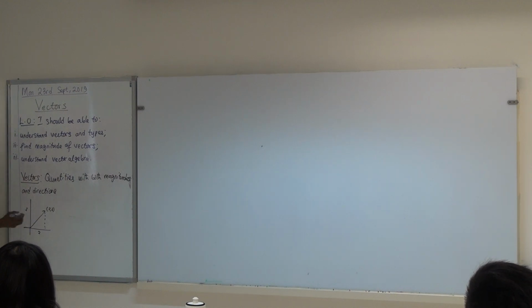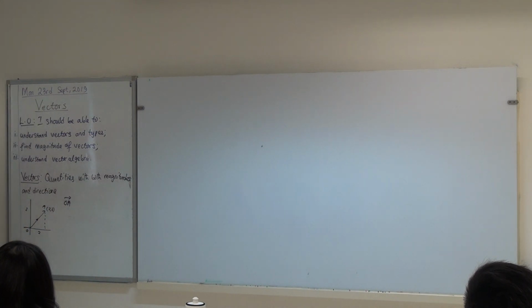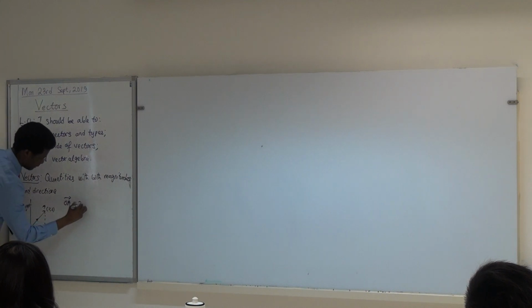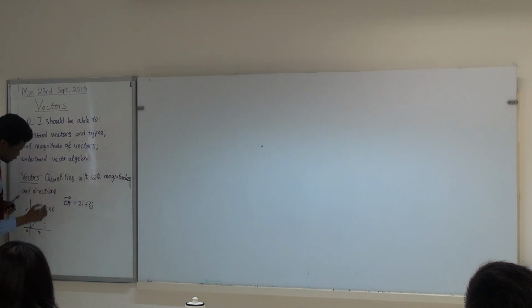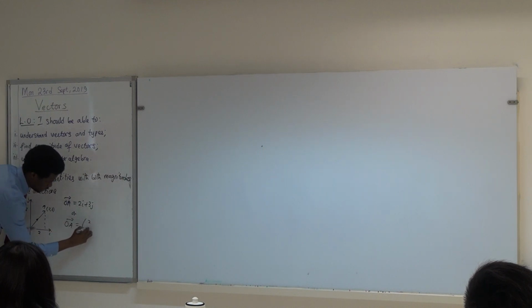This is O and this is A, so I can write vector OA, with an arrow on it, as 2i plus 3j, where this is my i component and j component. Another way I could write it is something similar to what we always see. I just write here (2, 3).